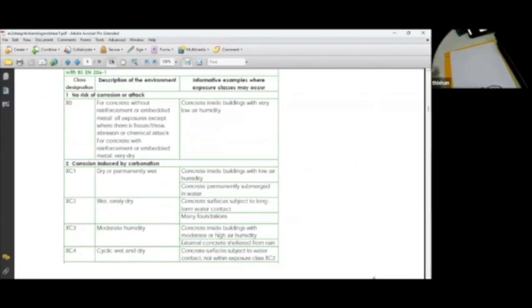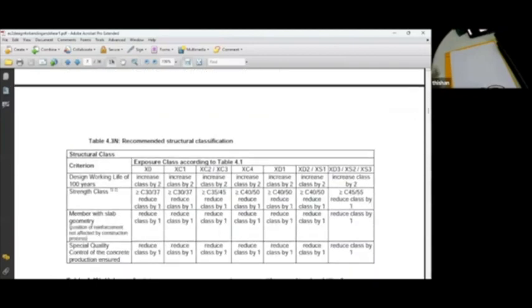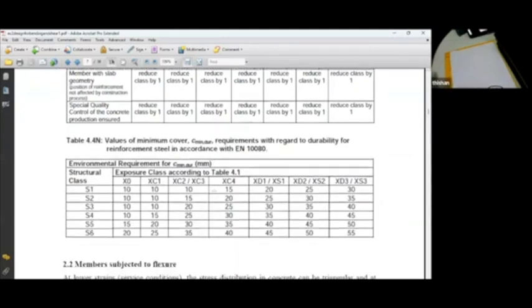XC3 is the normal cover condition for buildings, and XC3, if you are using anything less than C35/45, so if you are using C30/37, here you can't do any modification. Then the cover for the normal condition with a 50-year lifespan, the cover requirement is 25.